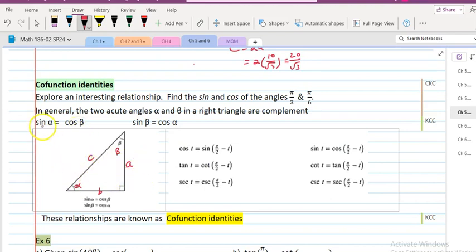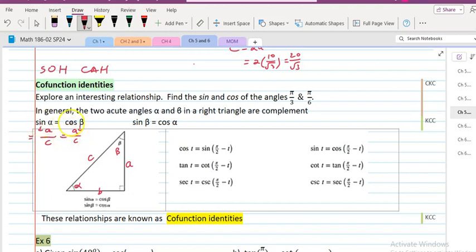Now, if I want to do sine alpha, that is SOH, right? So opposite to alpha is A over C. And if I want to do cosine beta, what happened? Cosine is adjacent, so A. So this would also be A over C. They're actually equal.